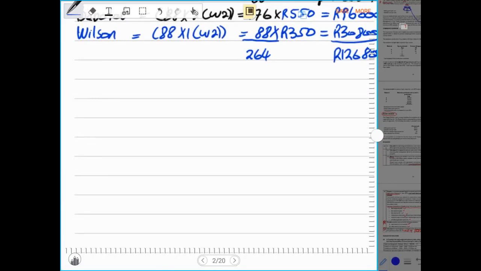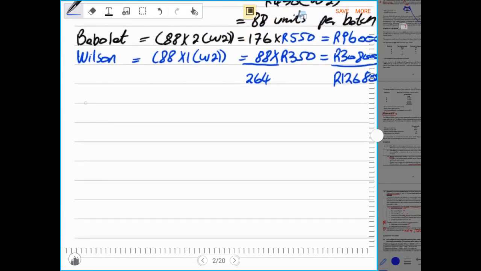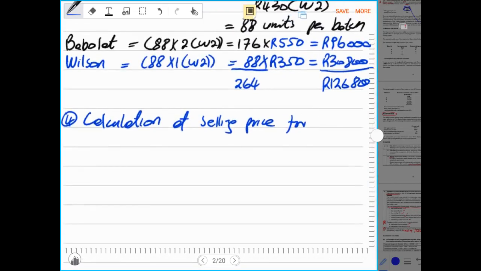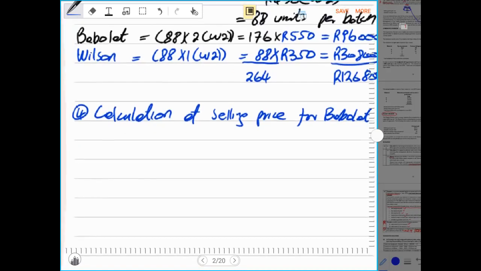So this will be again my workings. This will be working number 4, calculation of selling price for Babolat product.